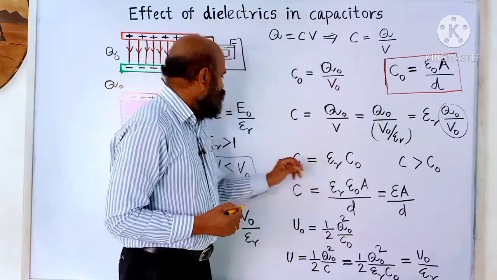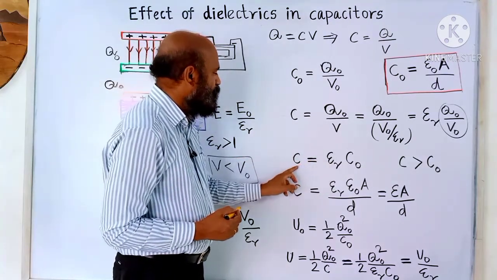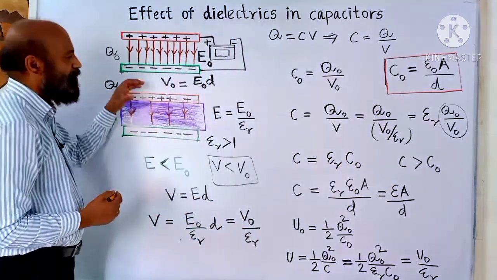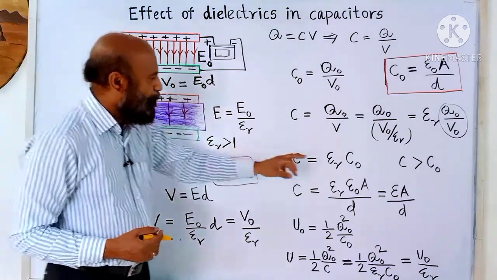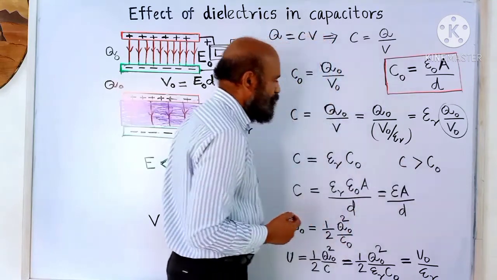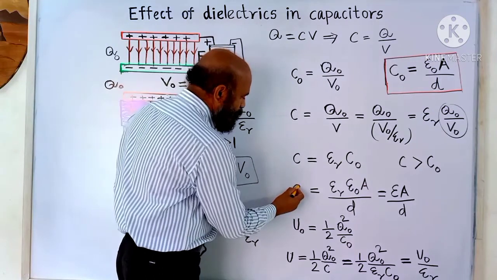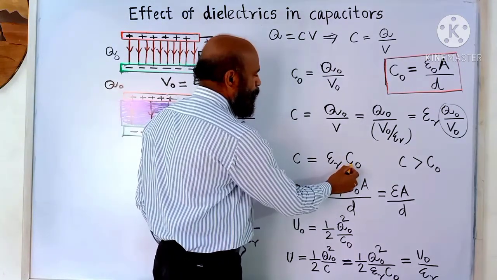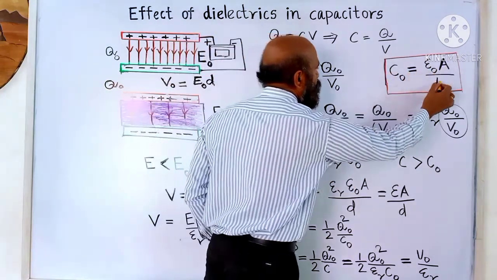Epsilon R is greater than 1. That means C will be greater than C0. So capacitance will increase. When we introduce a dielectric, capacitance will increase. C is greater than C0. So C is equal to epsilon R times the capacitance of a parallel plate capacitor with air in between the plates, epsilon 0 A by d.